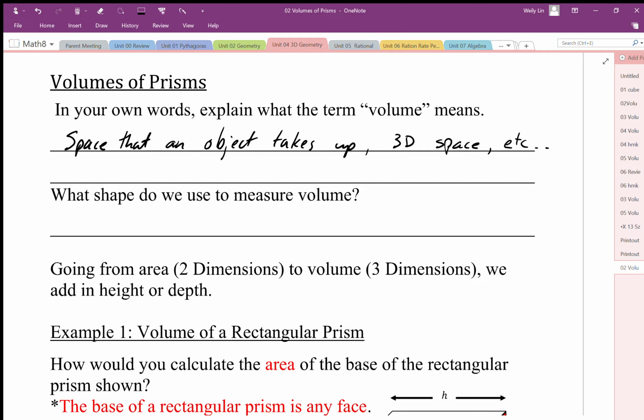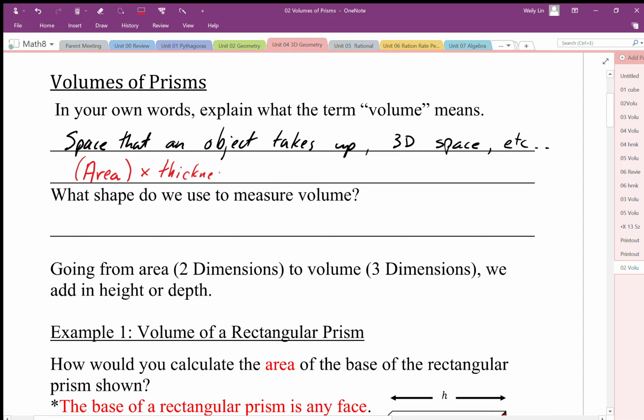When we look at volume, it's important to understand that volume really is, in general, when we take some area, so basically I'm taking squares, and I'm going to give that area some thickness. So I times it by some thickness.